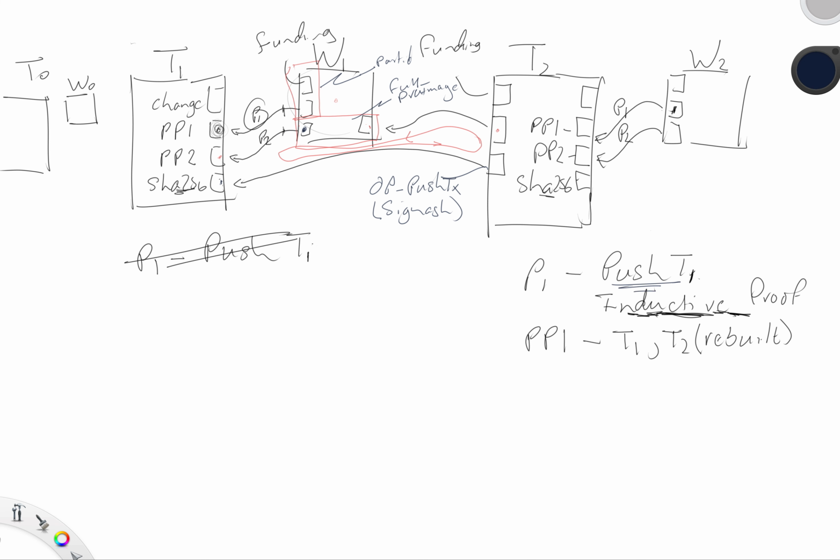Here I'm pushing the full raw T1 transaction. Here I'm just pushing the SIG hash pre-image to here. So I push the SIG hash pre-image, which gives me access to all of the out points this guy is spending from.